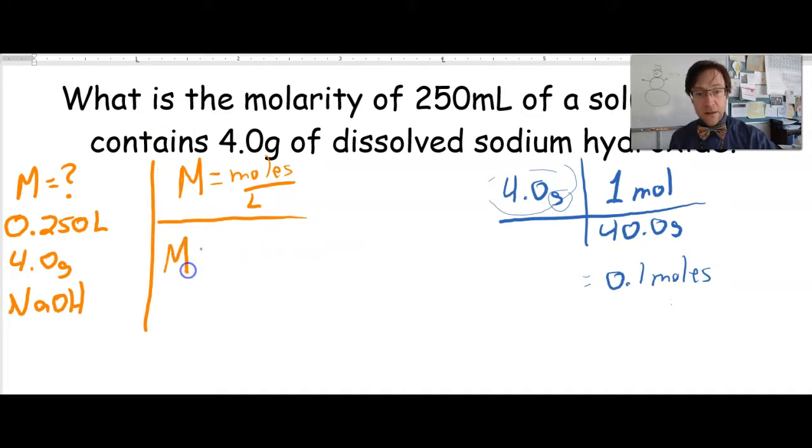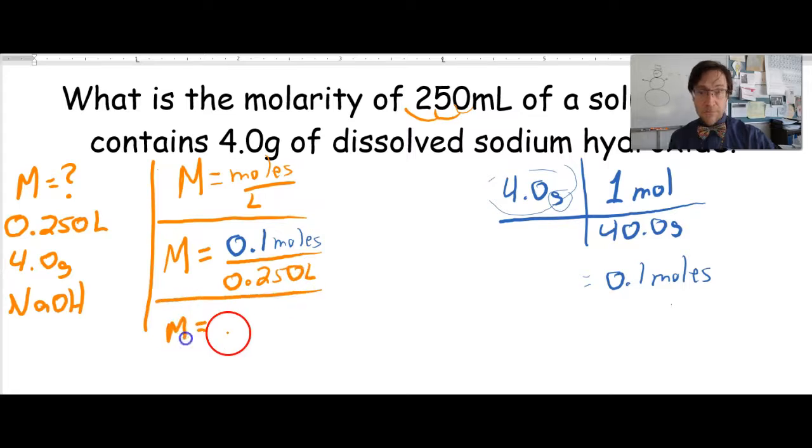So molarity is going to equal 0.1 mole divided by, and remember I took my 250 milliliters and I went 1, 2, 3 to 0.250 liters, 0.4. Awesome. Easy peasy lemon squeezy.